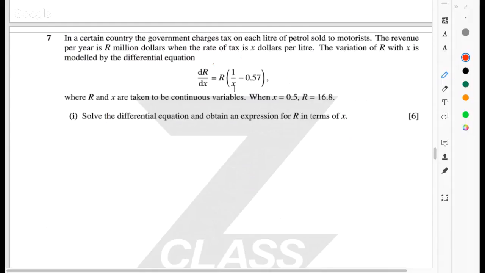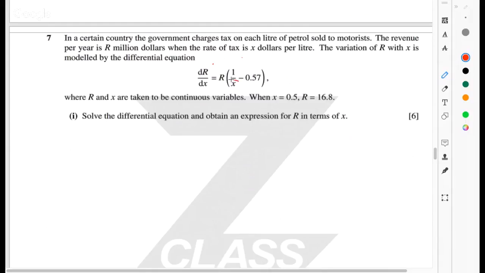I guess the interesting thing to see is that, firstly, there will be a point where dR by dx will be 0. For example, if x is very small, the right-hand side will be very big, so the rate of increase of R will be very big.